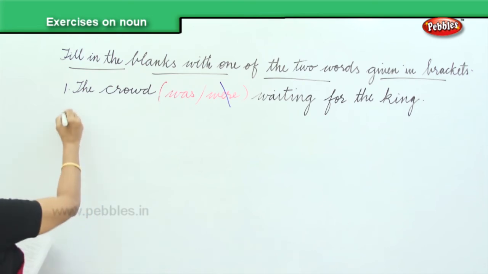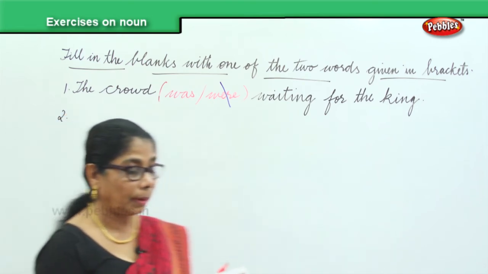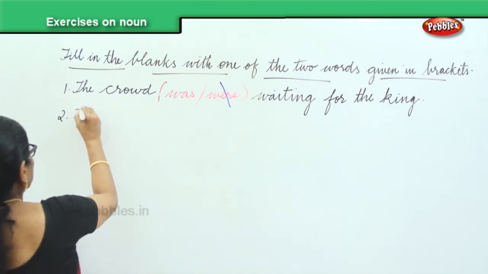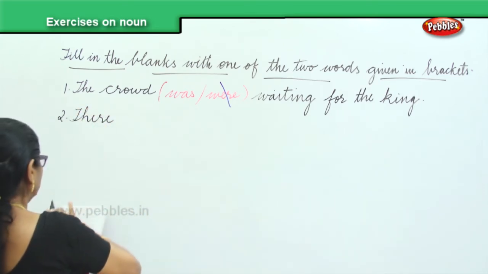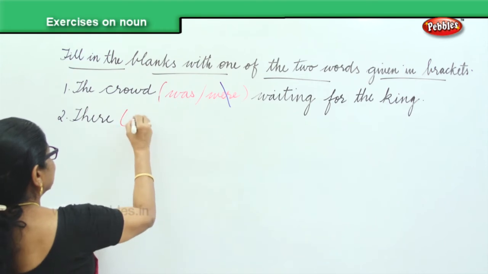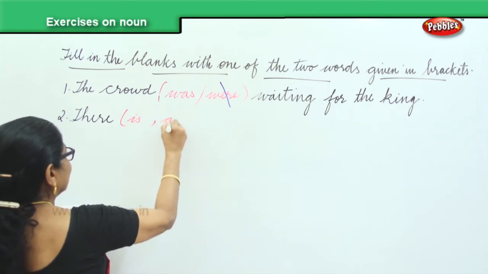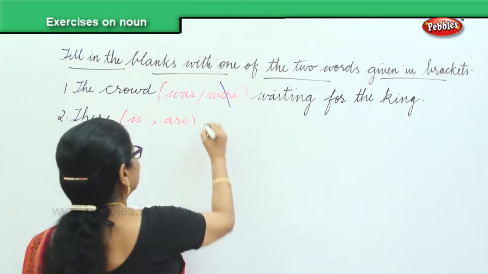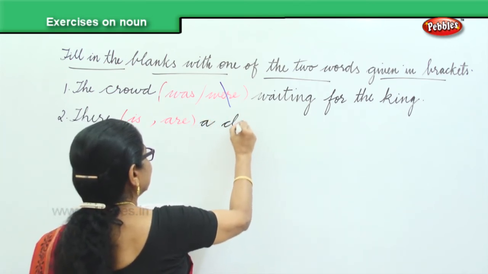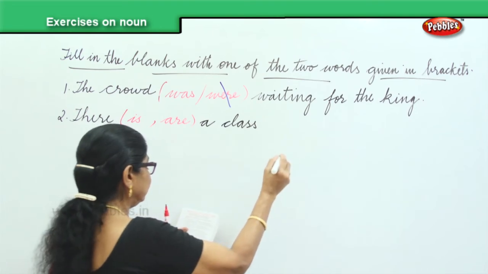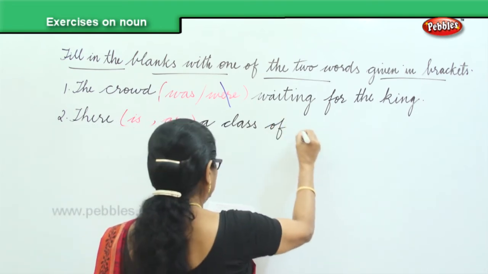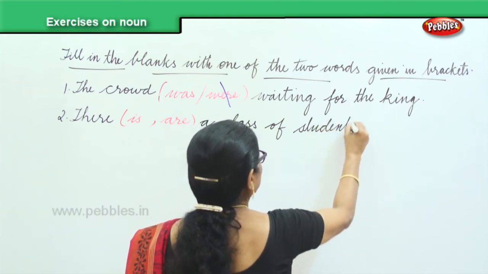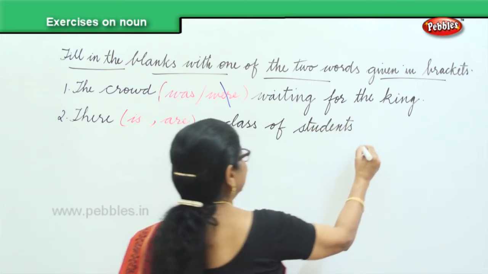The next one we are going to do is there. You have two words here, is, are, a class of students here.